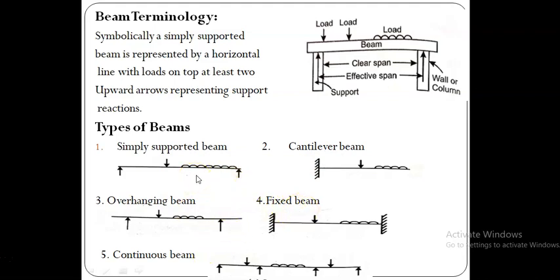You see that the first one is the simply supported beam, which means the simply supported beam has two supports at its ends. And we know these two supports are called hinged supports, and we know the properties of these hinged supports.